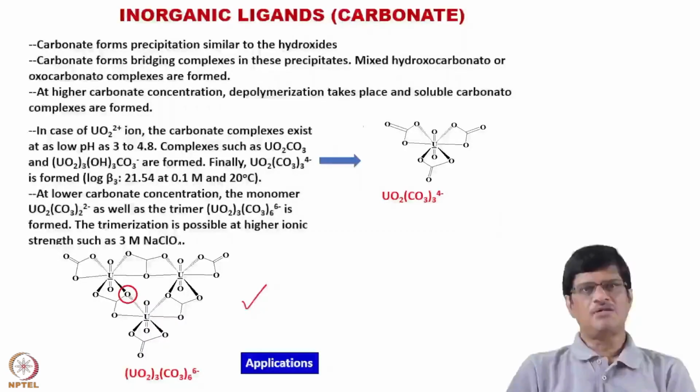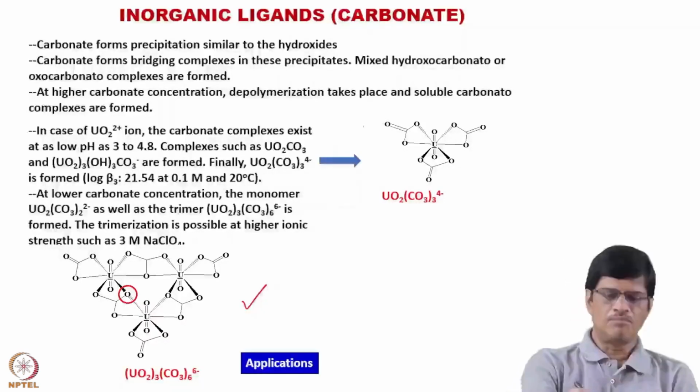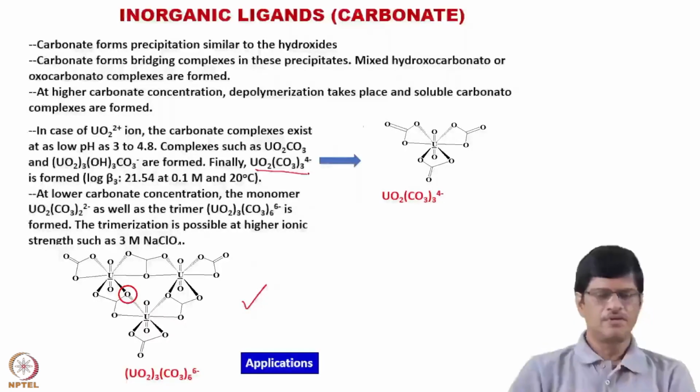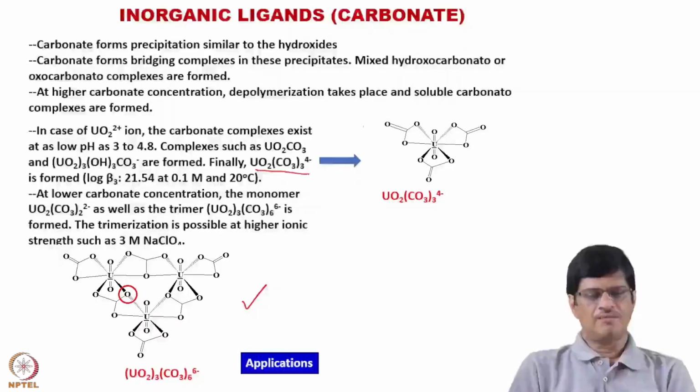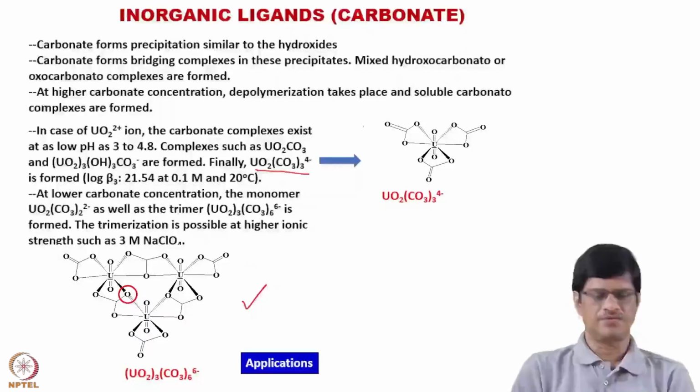Now the stability constants of these carbonate complexes are very high. As we see, this tris carbonate complex of the monomeric uranyl ion is very stable. The log beta 3 value is 21.54 at 0.1 molar and 20 degrees Celsius.